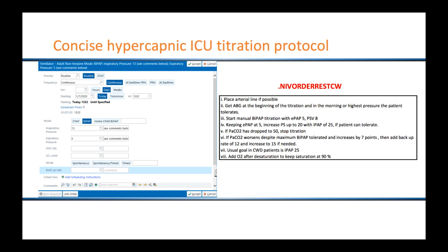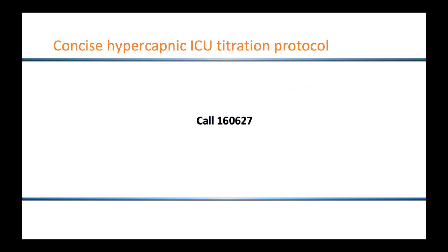The usual goal for chest wall deformity patients is an IPAP of 25, and we only add oxygen to keep the saturation above 90%. As always, call the head respiratory therapist after placing the order and they will appropriately dispatch the order. Call the number 160627.